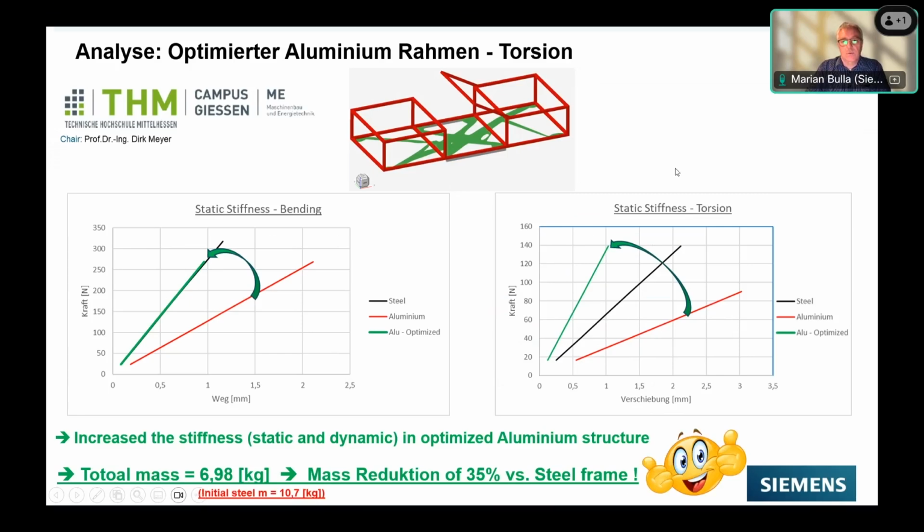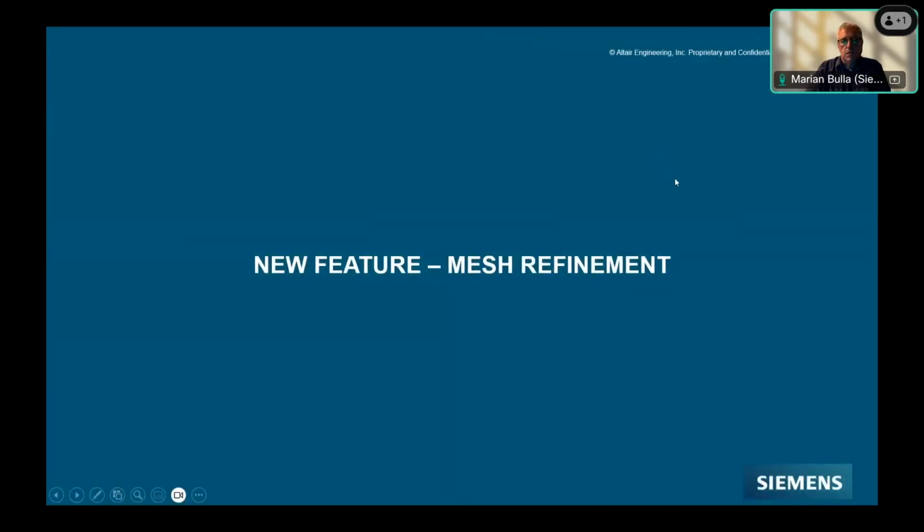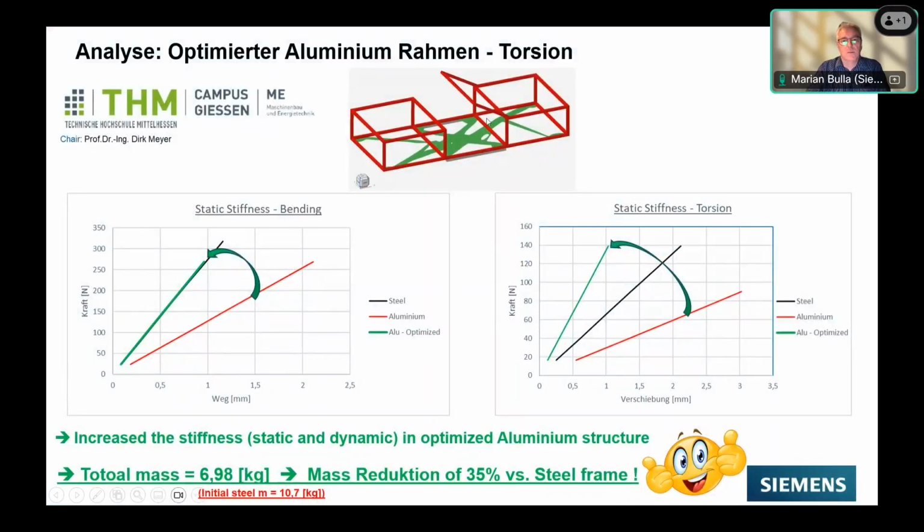Okay, going further into the new features, which is now new in terms of optimization. My example was using OptiStruct, where I did the optimization of the floor and other things, which I will not talk about deeper here.